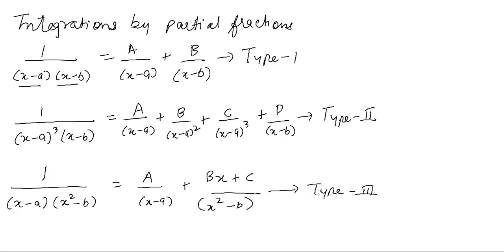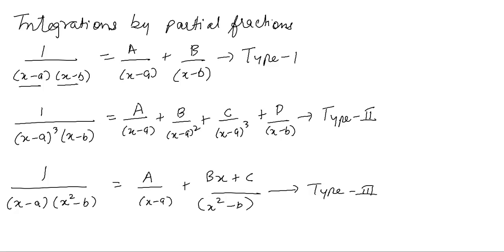And in type 3, you will have quadratic terms, and I have shown you the assumption for each type, right? So we will proceed with the sums to get this concept rigid.